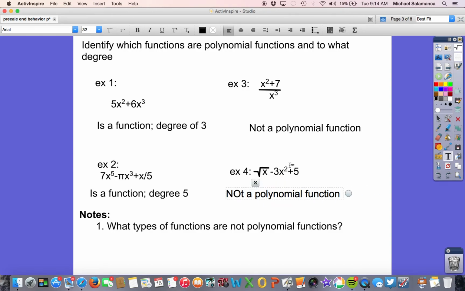That means this graph will have sharp turns and it's not continuous. So please make sure you include this in your notes. What type of functions are not polynomial functions? In summary, any function that does not have an x on the denominator is automatically a polynomial function so long as that x is not in a square root.